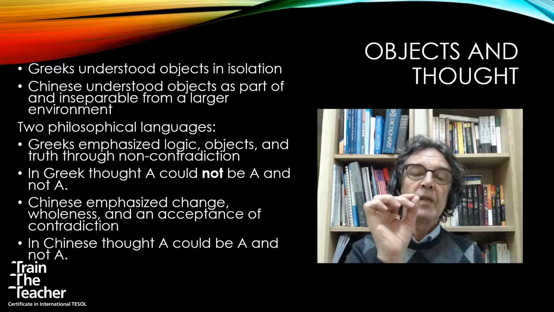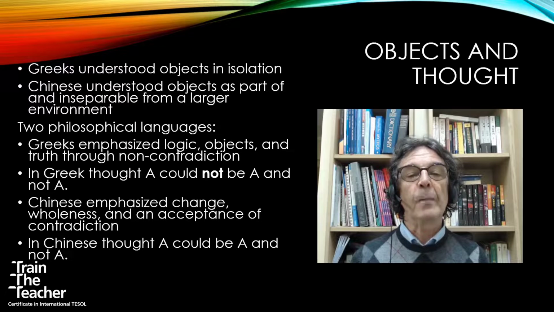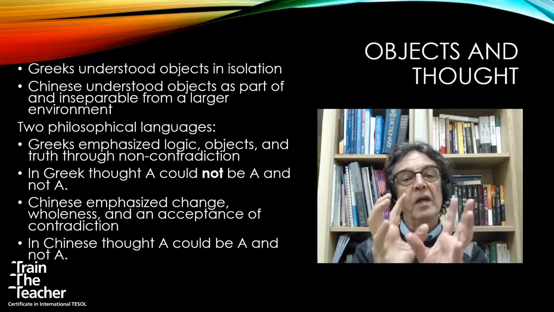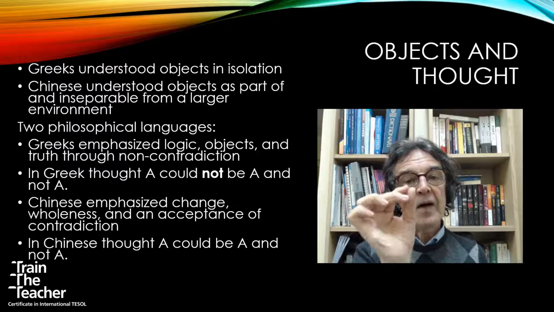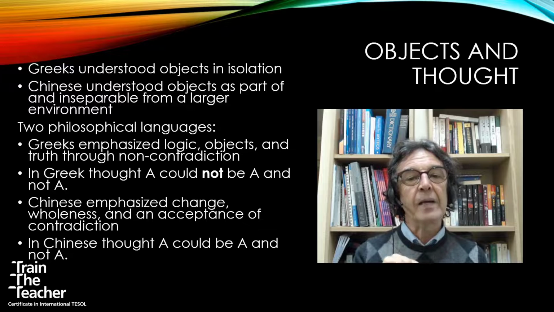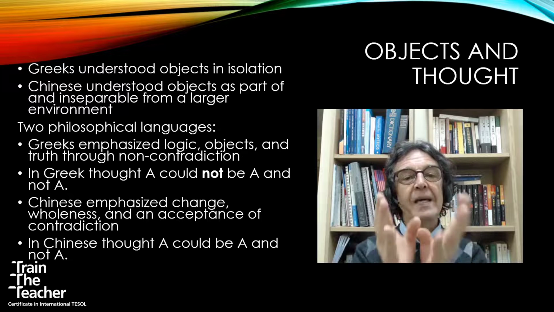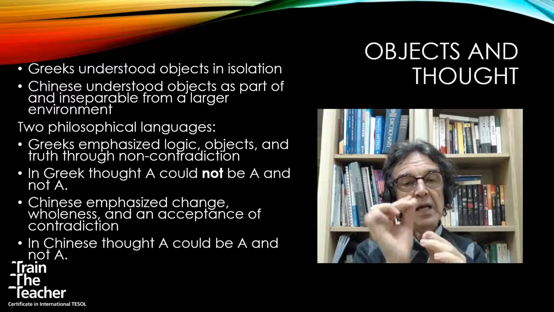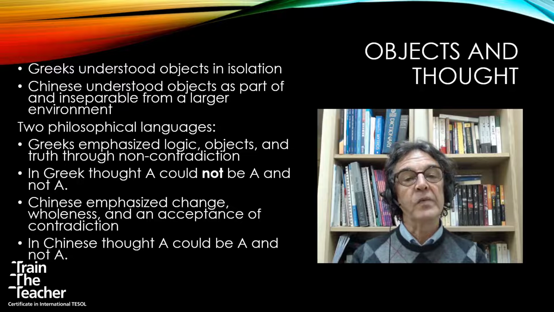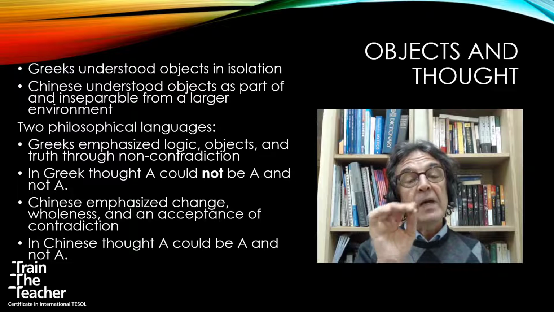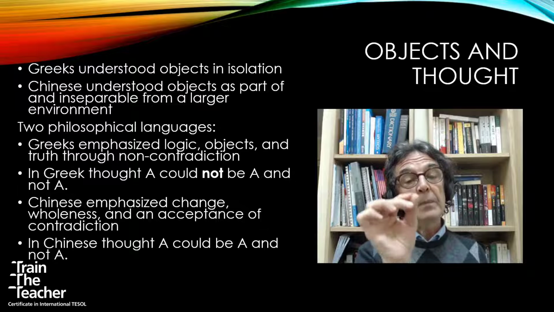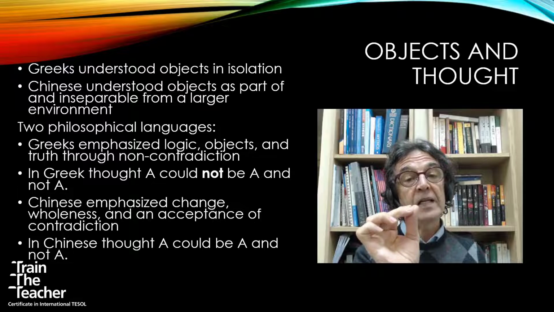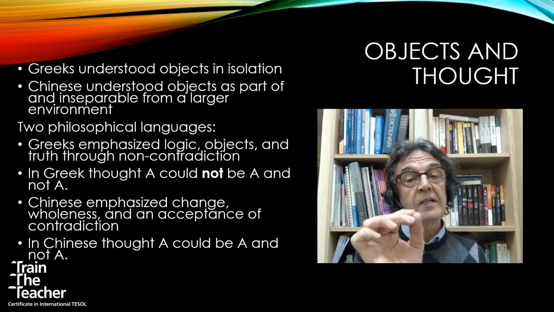When we think about the Greeks and objects, we know that the Greeks were very particular about defining objects exactly, looking at the unique identity, the unique characteristics of an object. Strangely, in the same way that they came to look at people. So people had singular identity, singular characteristics, and objects were the same.